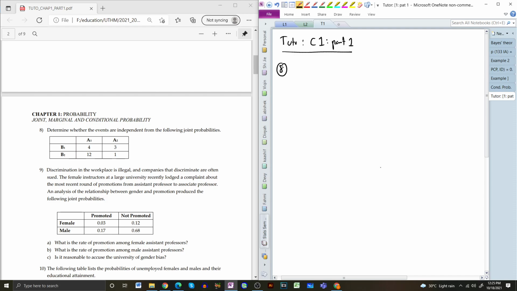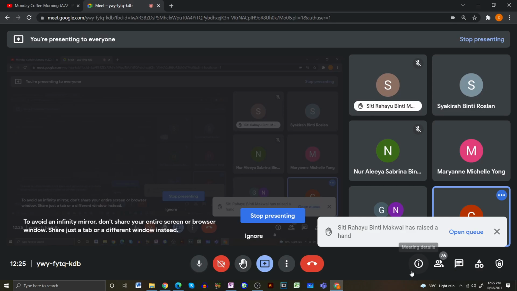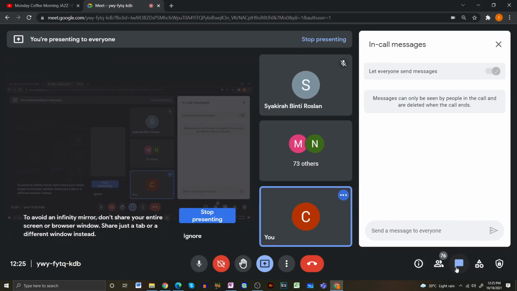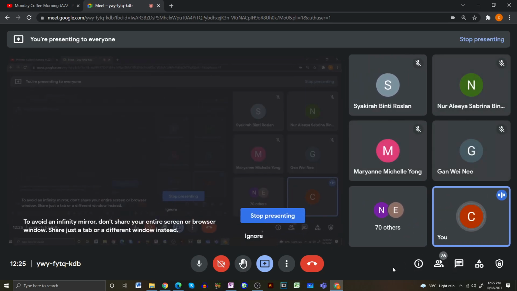Determine whether the events are independent from the following joint probability. Somebody, actually you no need to raise your hand.